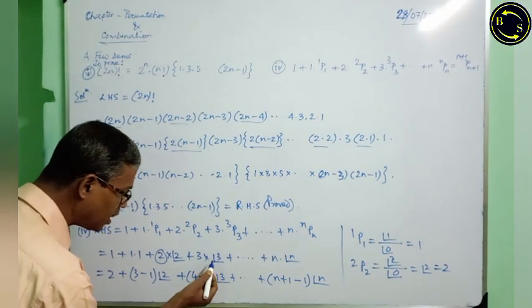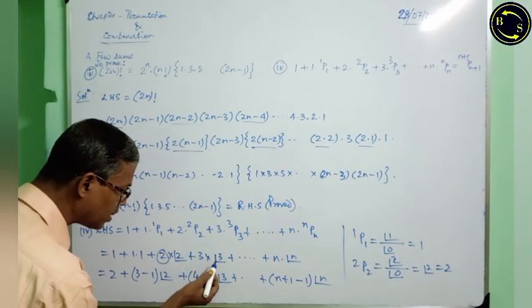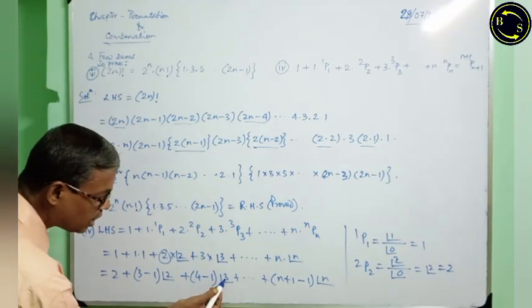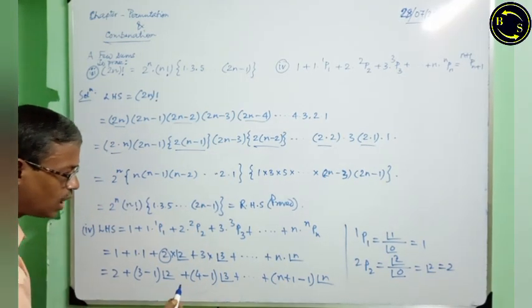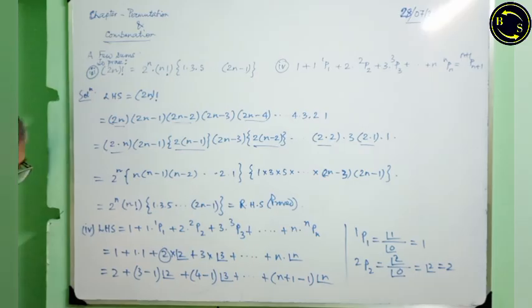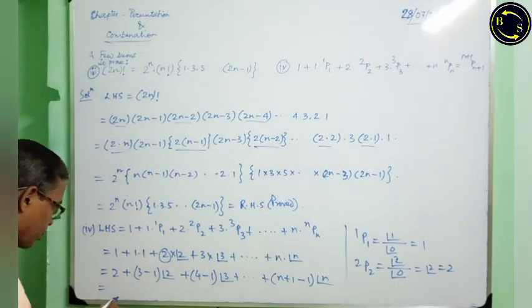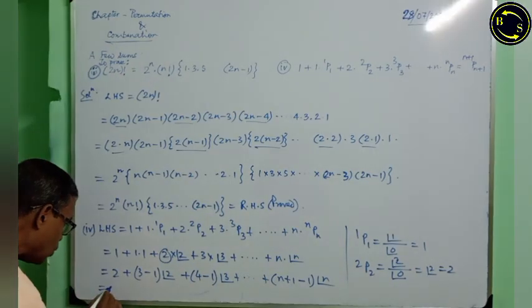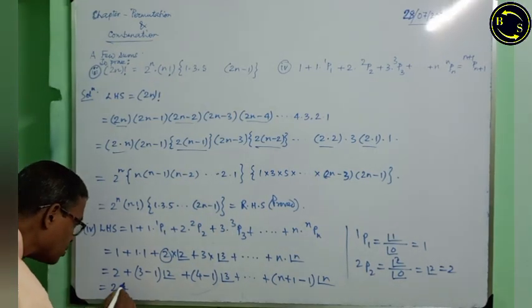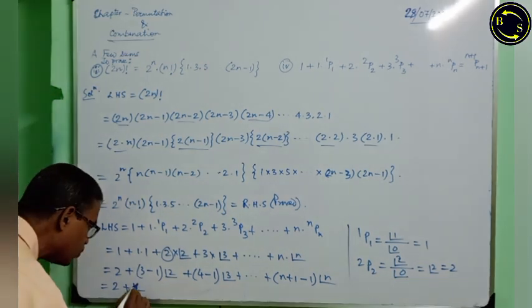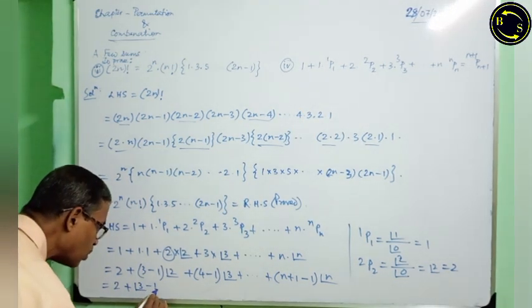If I multiply it with 4, then I shall get factorial 4. You see, 4 into factorial 3, that will be factorial 4. Now why we are writing that will be clear from the next step. This is 2 plus 3 into factorial 2, that is factorial 3 minus factorial 2.